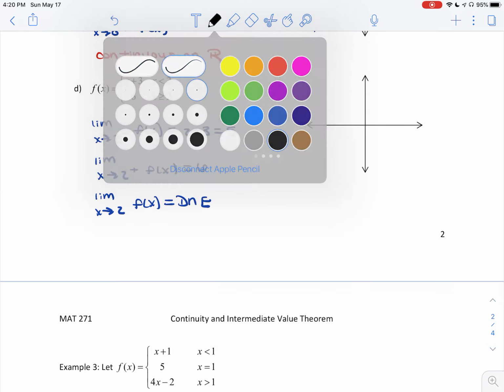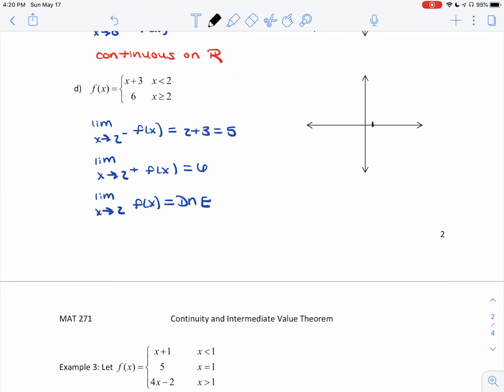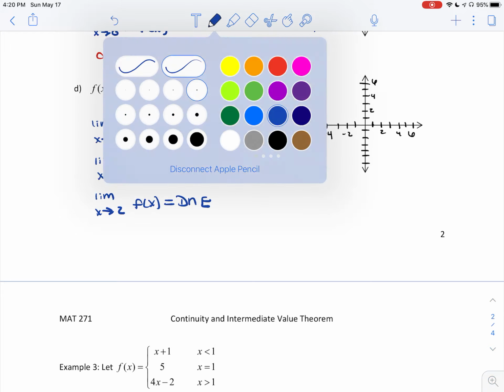So let's go ahead and just sketch this out so we can see it visually. Counting my ones on my scale here. Okay, something like that.